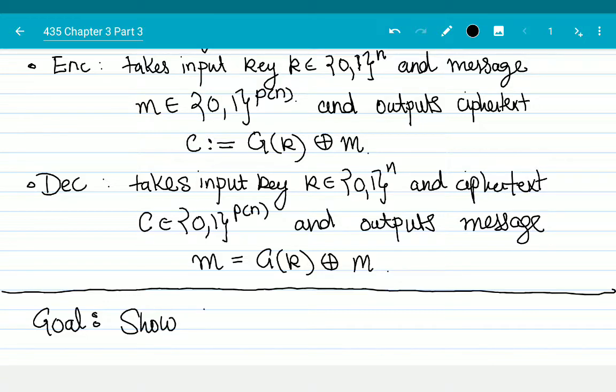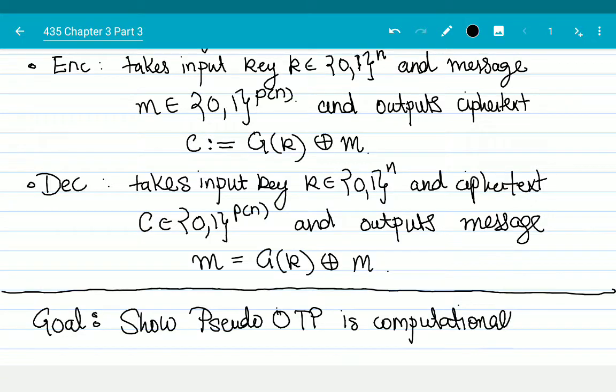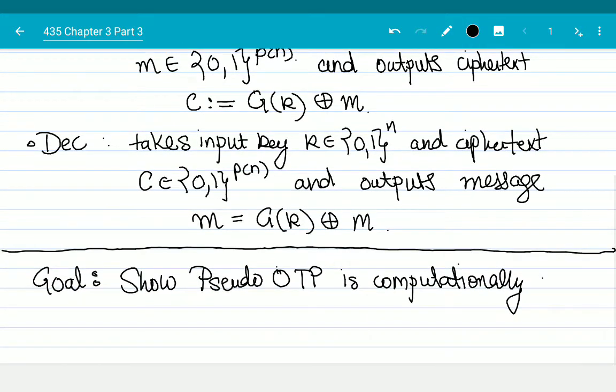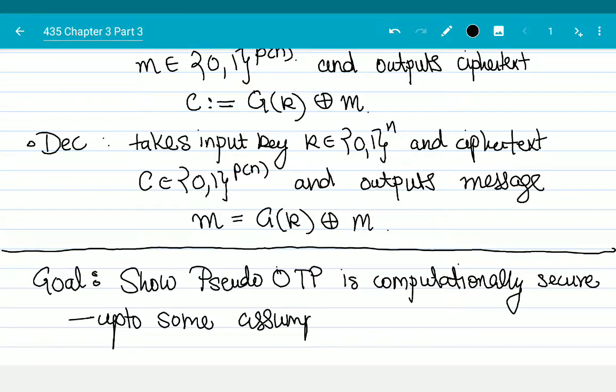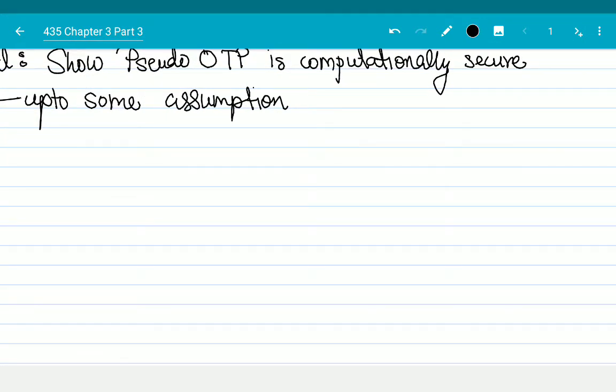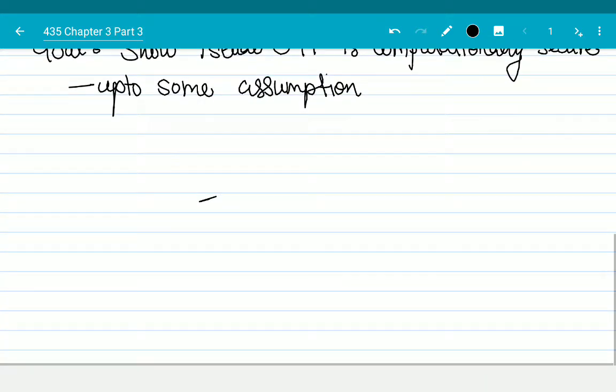Goal: show the pseudo one-time pad is computationally secure, up to some assumptions. The most important of which is that G is a pseudo-random generator.